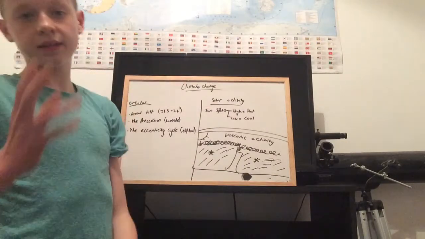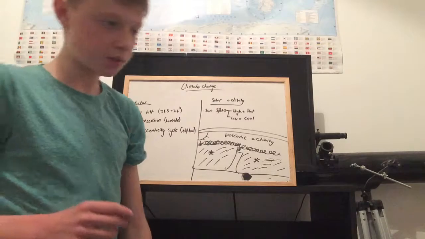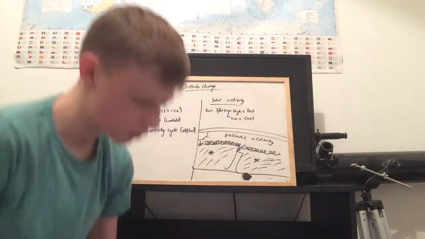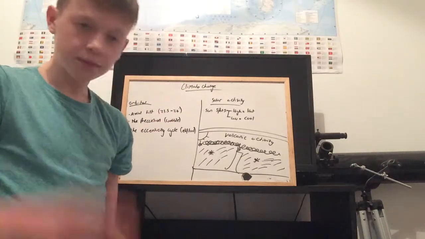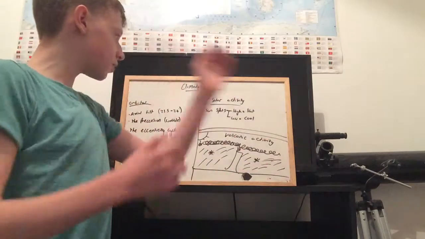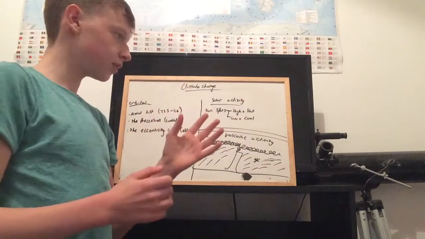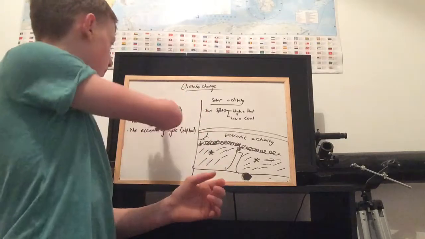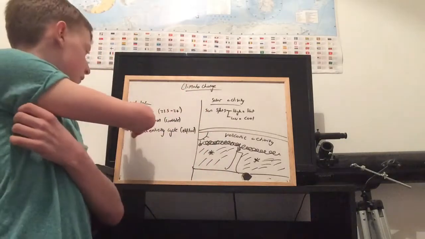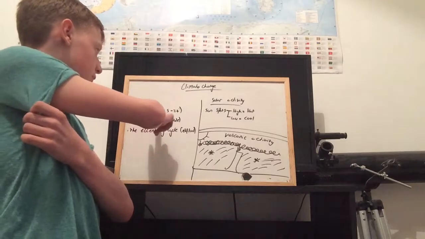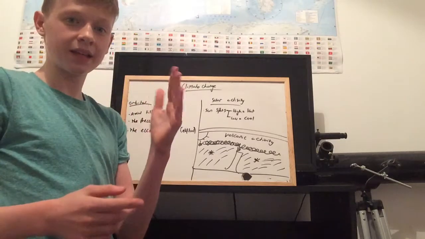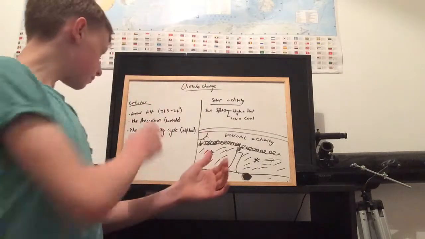There are 3 main ways climate change actually happens. A person called Milankovitch studied the Earth and how it moves and tilts, and he found 3 main cycles. He found that the Earth had an axial tilt of 21.5 to 24 degrees, which causes night and day and seasons.